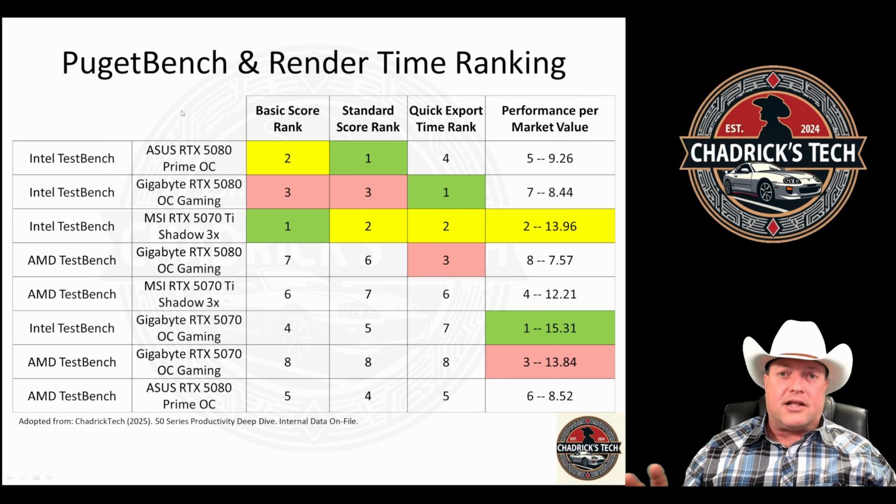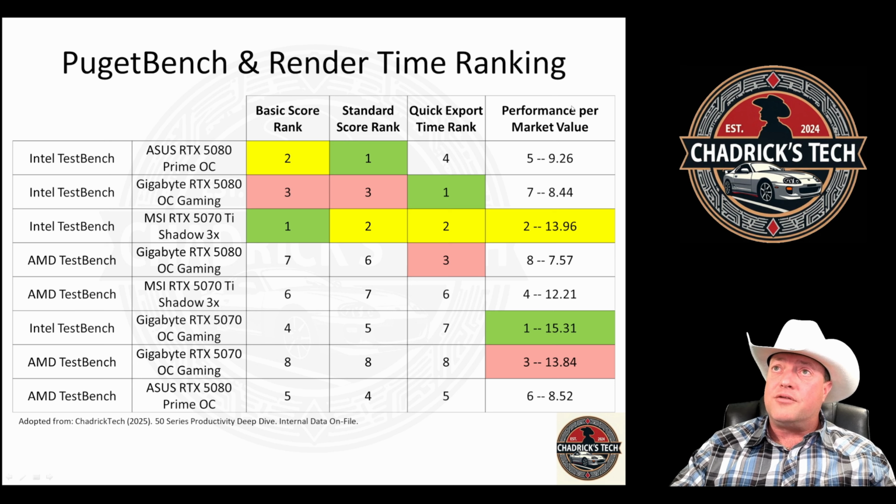Now, I was trying to clean up all the data that we've just looked at, and let's just look at the top 3. Okay, let's take care of the elephant in the room here, your performance per market value. The 5070 in either bench takes first and third marks, just because you get performance for what you pay.